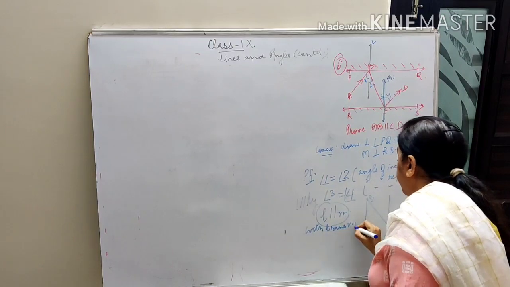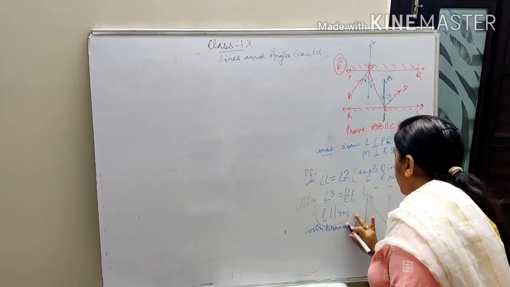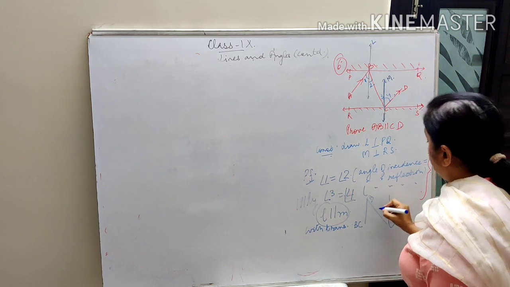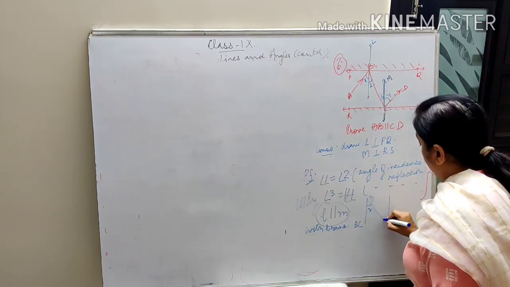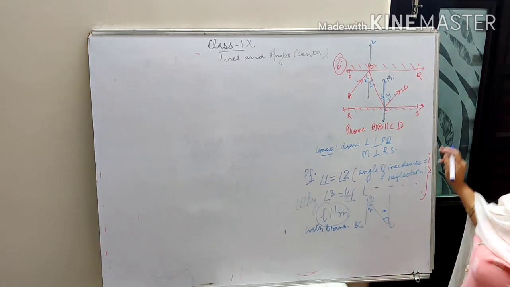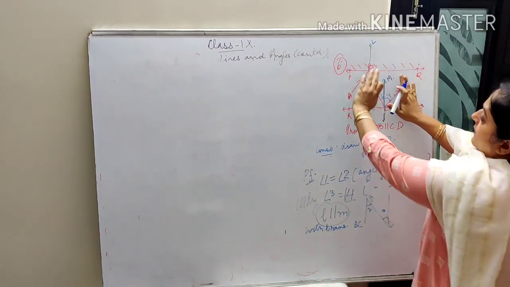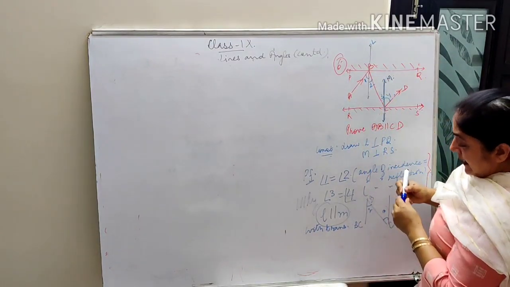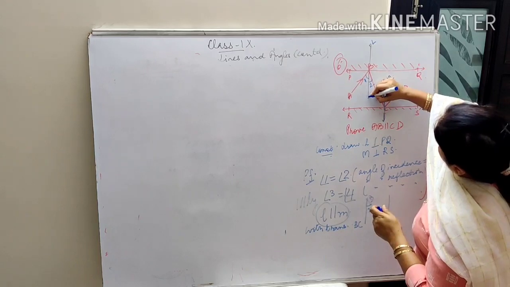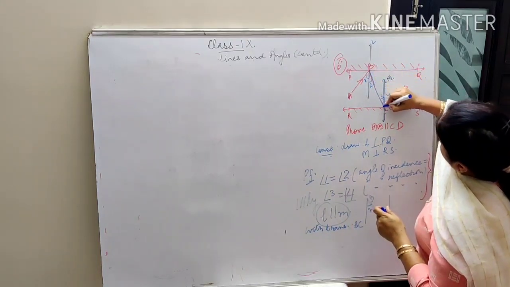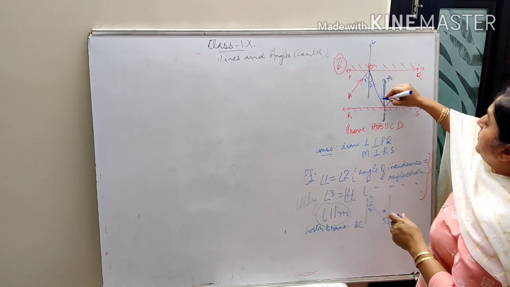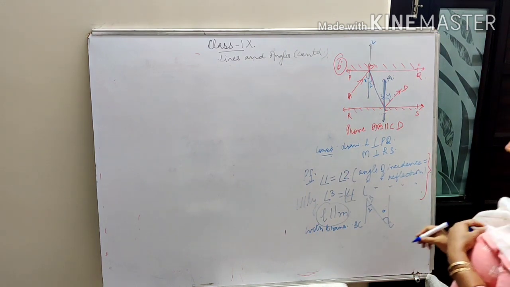I will write here: this means angle 2 equal to angle 3. Please check it out. Forget about everything, you just think about this part. Angle 2 equals angle 3.